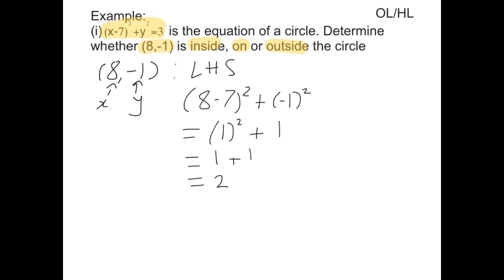And then we ask if that is less than, equal to, or greater than our right-hand side, which in this case is 3. So in this case, 2 is less than 3.